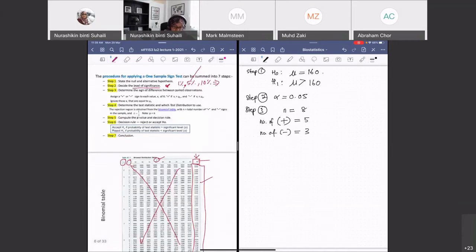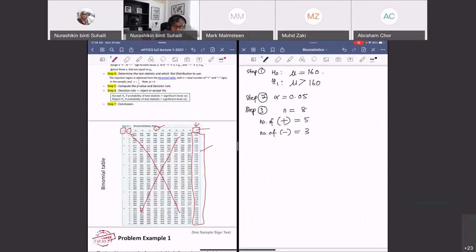Step 4: determine the test statistic and which test distribution to use. We know that we have to use the binomial table.